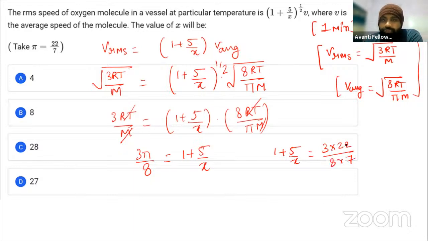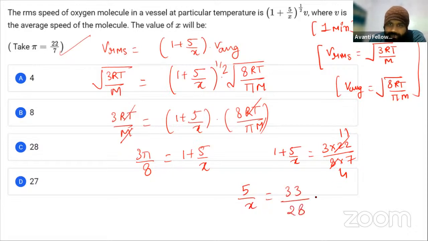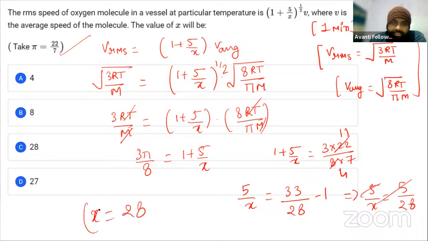The value of pi we have put as 22 by 7, which is also given in the question. So 2 fours are 8, 11 twos are 22. So it will become 5 by x equals 33 divided by 28 minus 1. So 33 minus 28 will become 5. So 5 by x we have 5 by 28. 5 and 5 will cancel out. So x you have as 28.